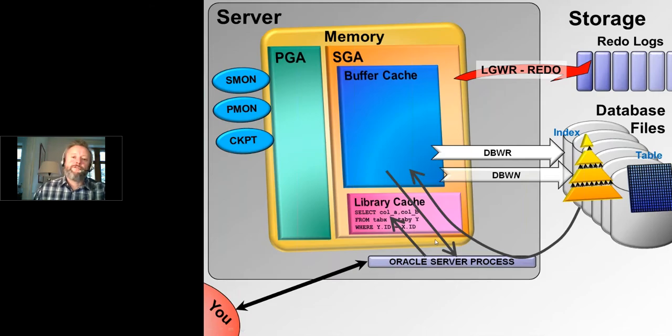The waiter goes and takes your order, and then the cooks and the commis chefs and the kitchen staff, they all work behind the scenes to make your meal for you. And they use the raw ingredients, which is the data on disk. They put it all over into the kitchen and cook it in the buffer cache and do the prep in the PGA area.